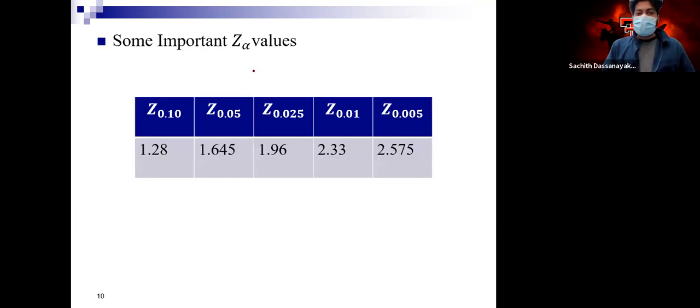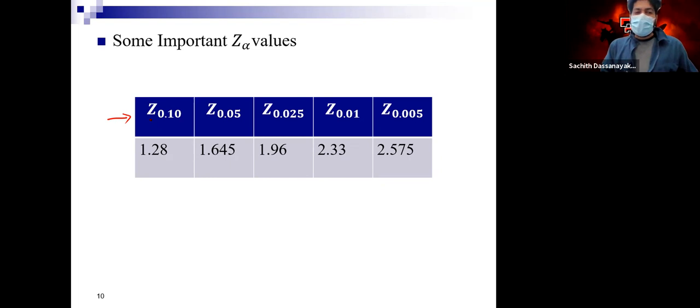These are the important C alpha values I have mentioned here, but again you can find these from the standard normal table without any problem. Here I have mentioned some C values we use very frequently.